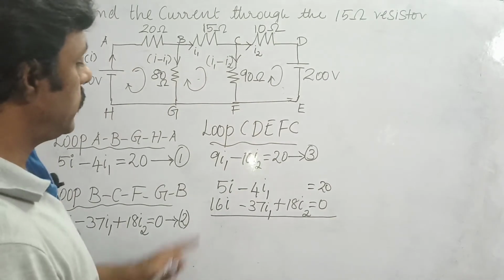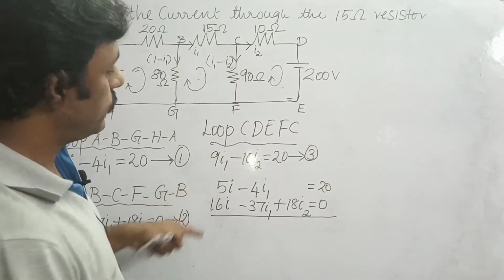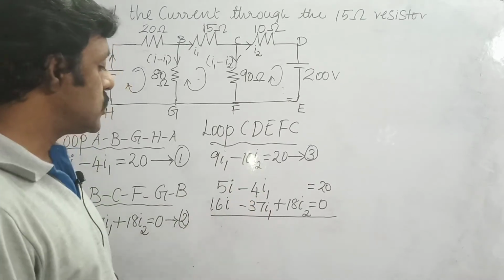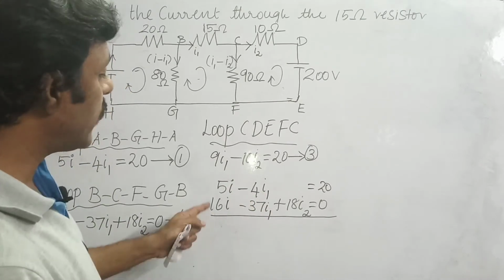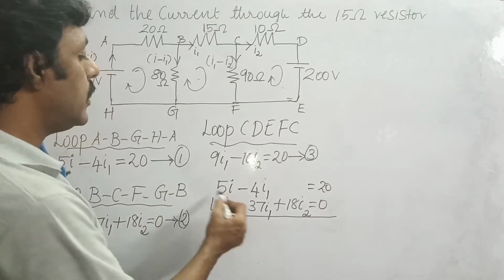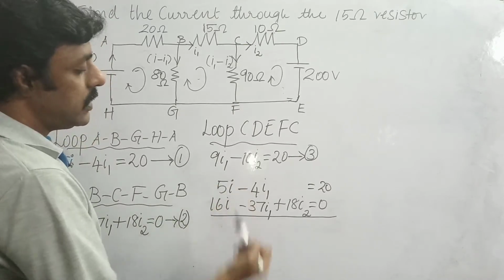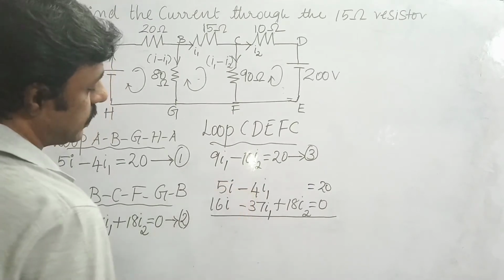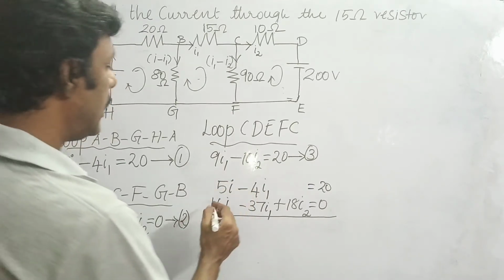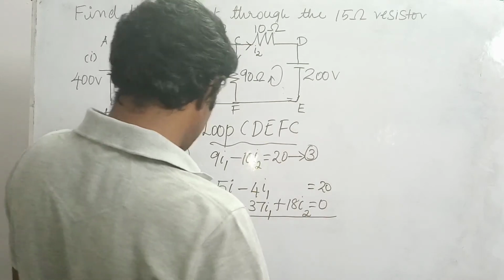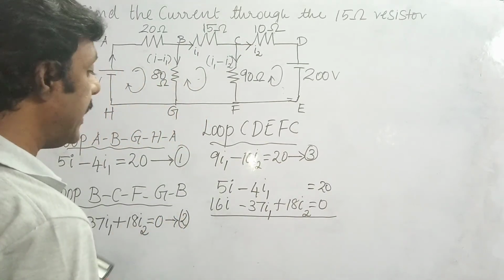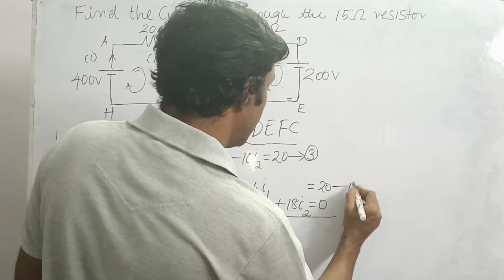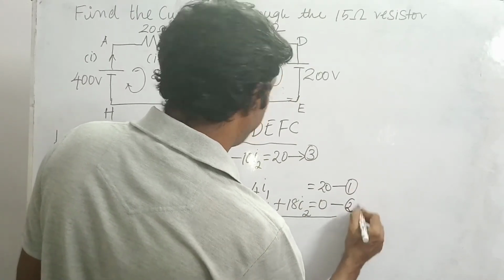So we need to cancel this common term I. What we are supposed to do is find the value by which we can cancel both the terms. So I want to cancel this term. What I do is I'll take 16 into 5. 16 5s are 80, right? So this is equation number 1 and this is equation number 2.